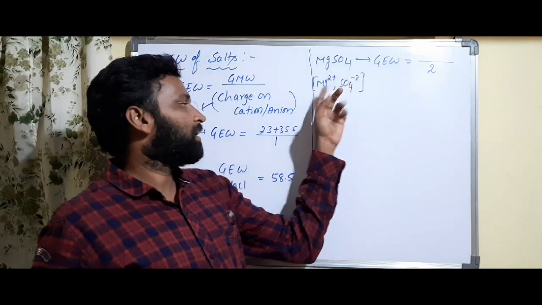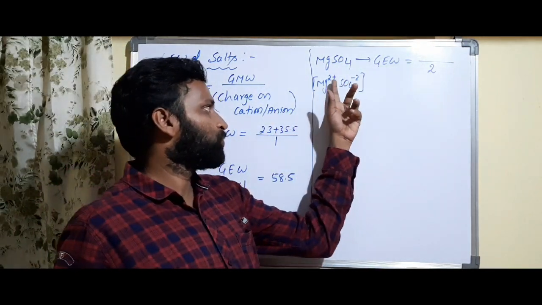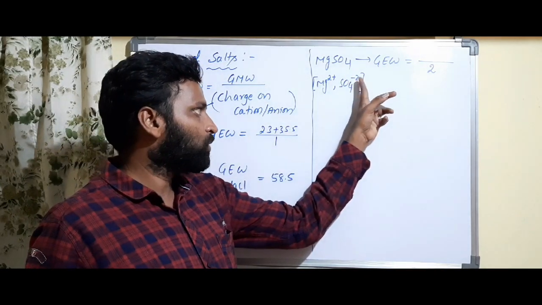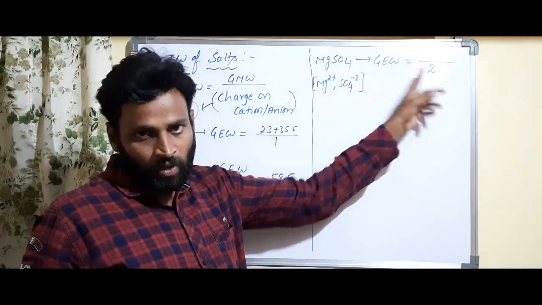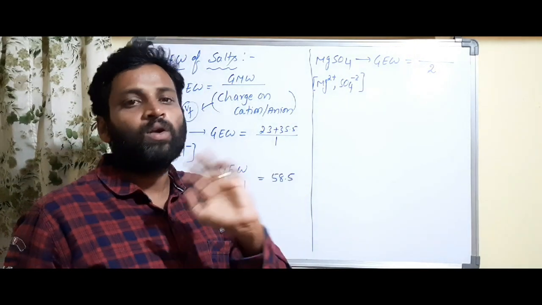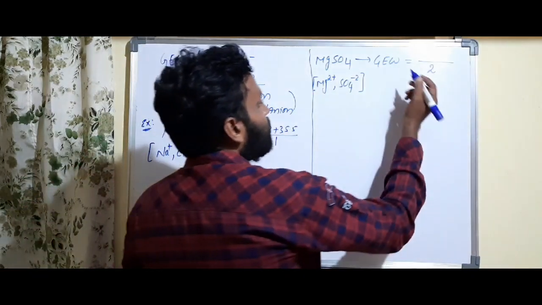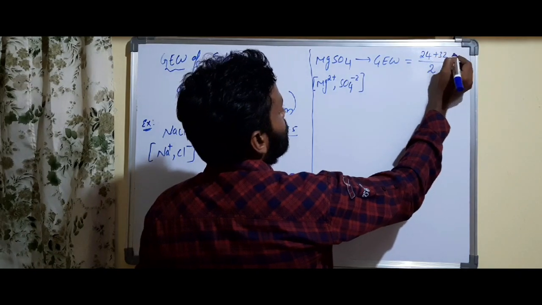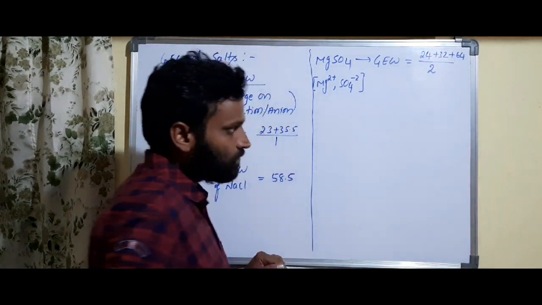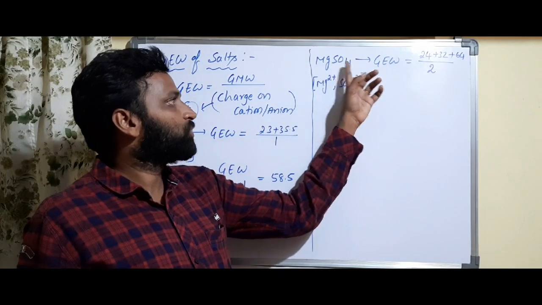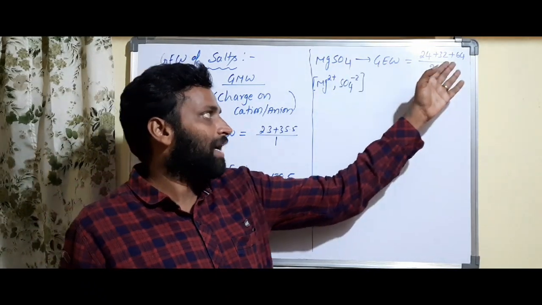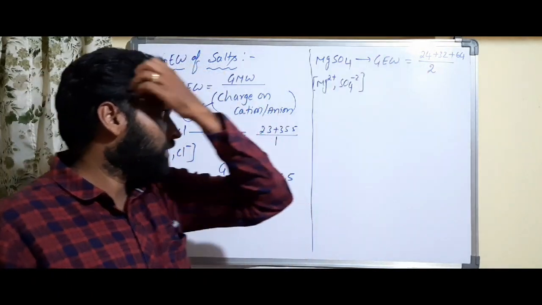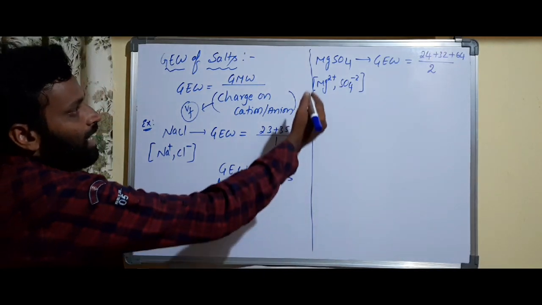Sulfate is minus 2 and magnesium is plus 2, so I am taking 2, only the charge value, not the sign. The gram molecular weight is magnesium 24, sulfur 32, plus 64, as we have 4 oxygens. So you add the total and divide it by 2, and you get the gram equivalent weight of MgSO4.